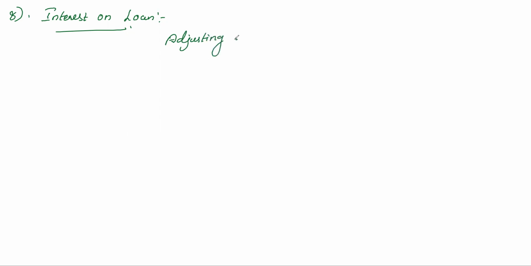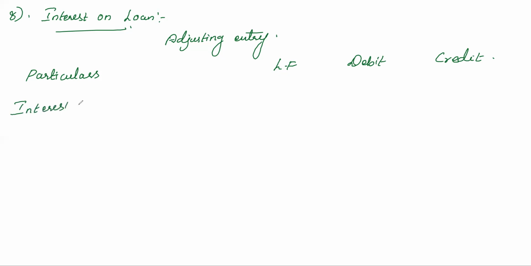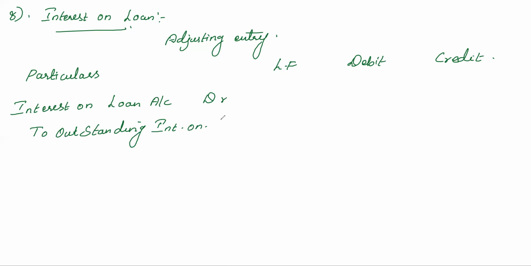Adjusting entry. Particulars, LF, debit then credit. The interest on loan account debtor to outstanding interest on loan account.